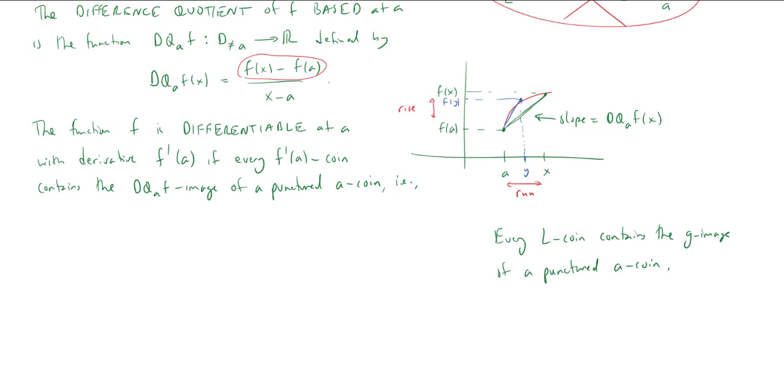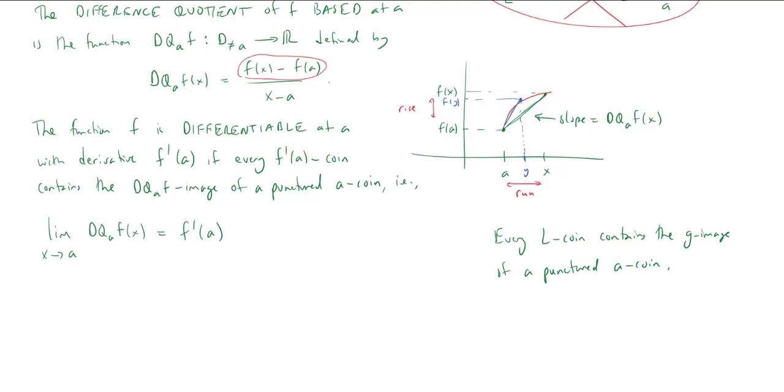So what this is saying is it's a limit as x approaches a of the function, well, in the original definition it was f, here it's DQ_a f, evaluated at x. And the claim is that this should equal whatever this number f prime of a is.